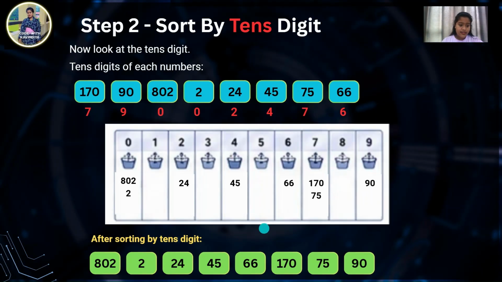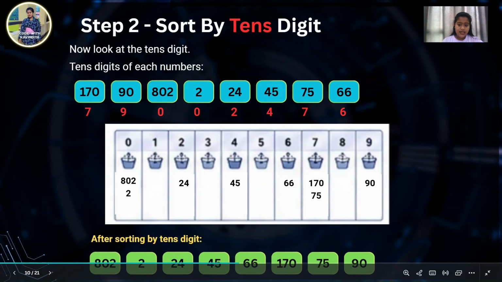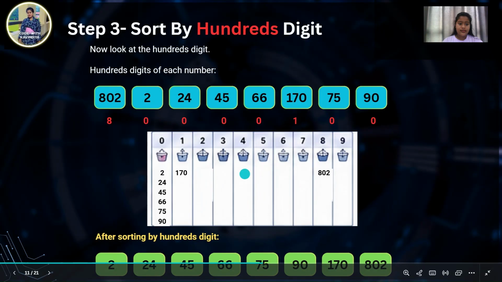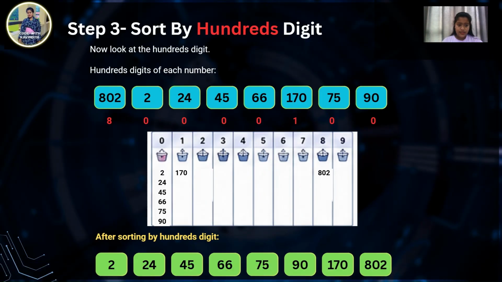Collecting them again in order gives us 802, 2, 24, 45, 66, 170, 75 and 90. Finally, let's look at the hundreds digits. Numbers smaller than 100 like 2, 24, 45, 66, 75, 90 have 0 in the hundreds place.